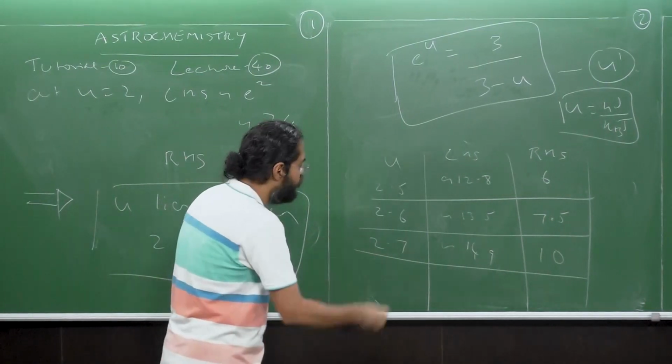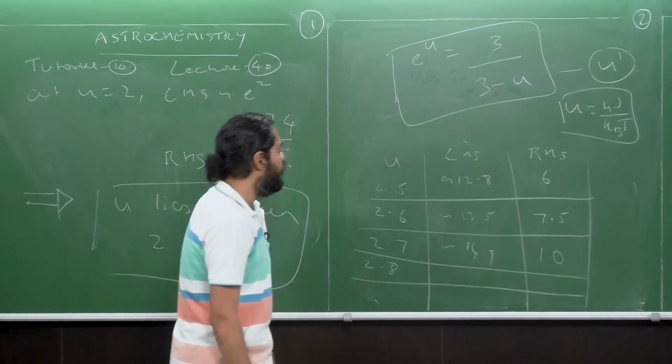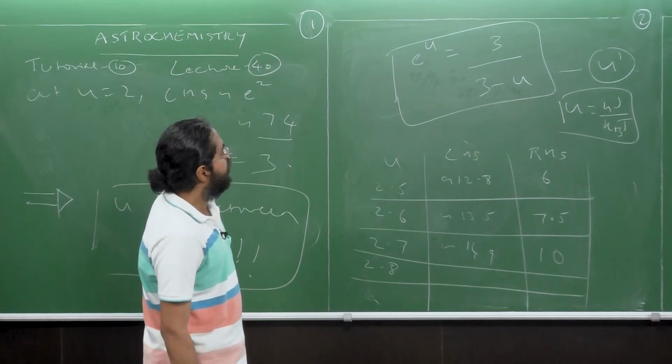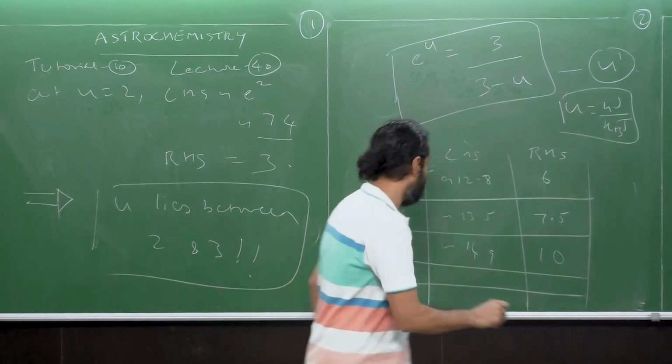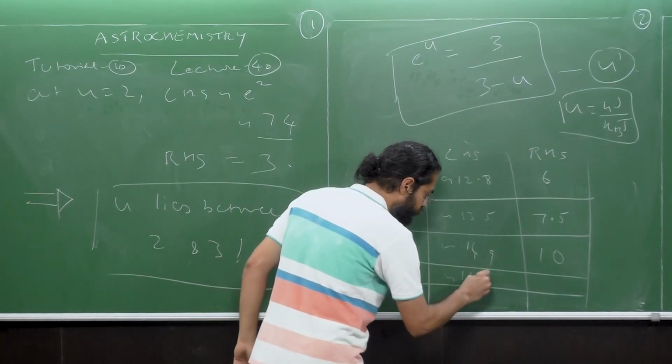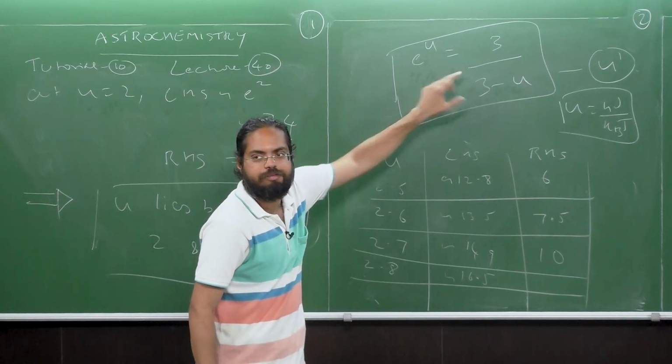So now let's put U equals 2.8. As I put U equals 2.8, what do I get? E to the power 2.8 happens to be 16.5 approximately. Okay, I've tabulated this. Now what happens to the RHS?